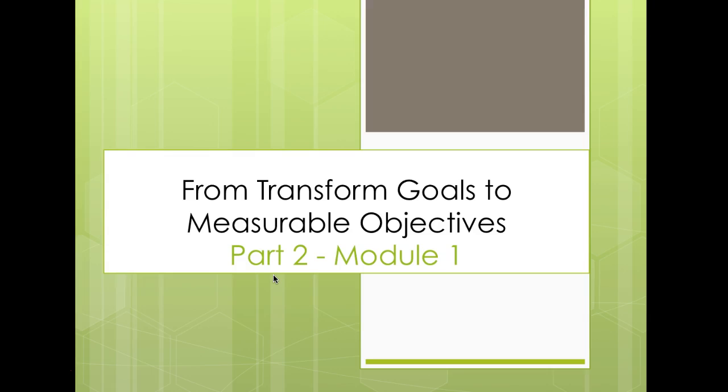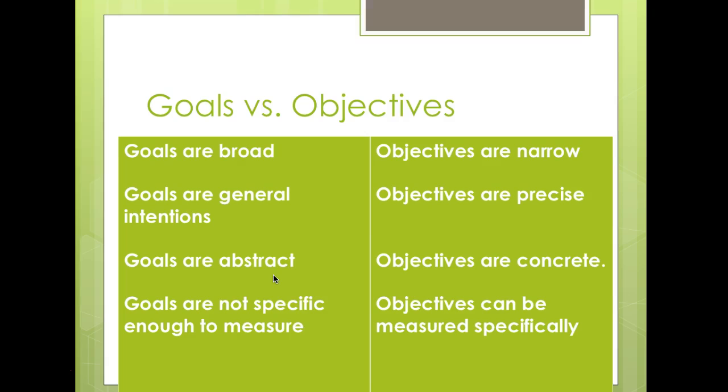Now, after you've completed selecting your standard and unpacking your standard into a transfer goal, or goals, we're going to transform those goals into measurable objectives. So what's the difference between goals and objectives? Goals tend to be broad. They are general intentions.